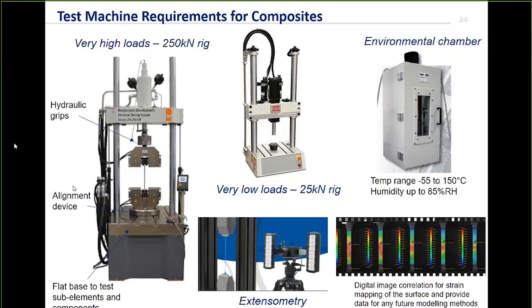There's a lot of considerations. On top of that, you may need to test it in an environmental chamber, and you need to think about the extensometry as well, which can be difficult if you're testing in a chamber, or if you've got to fit anti-buckling guides.